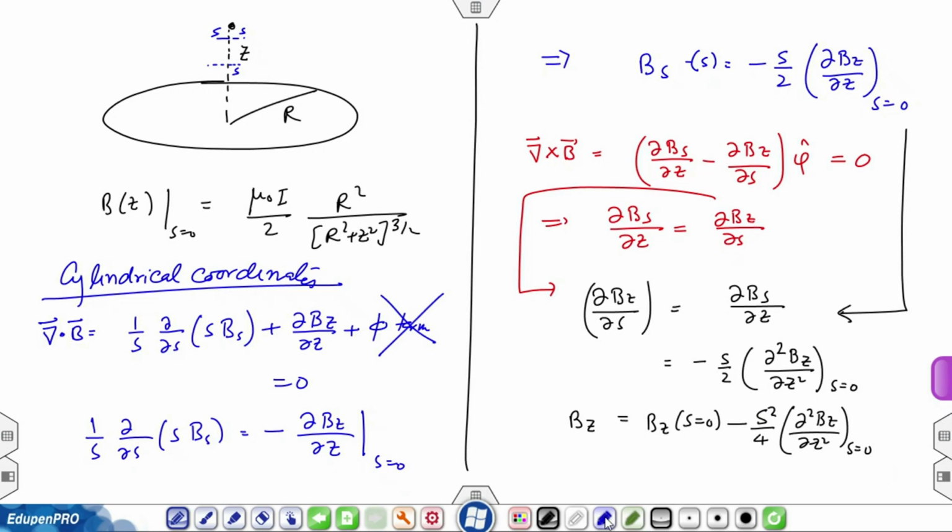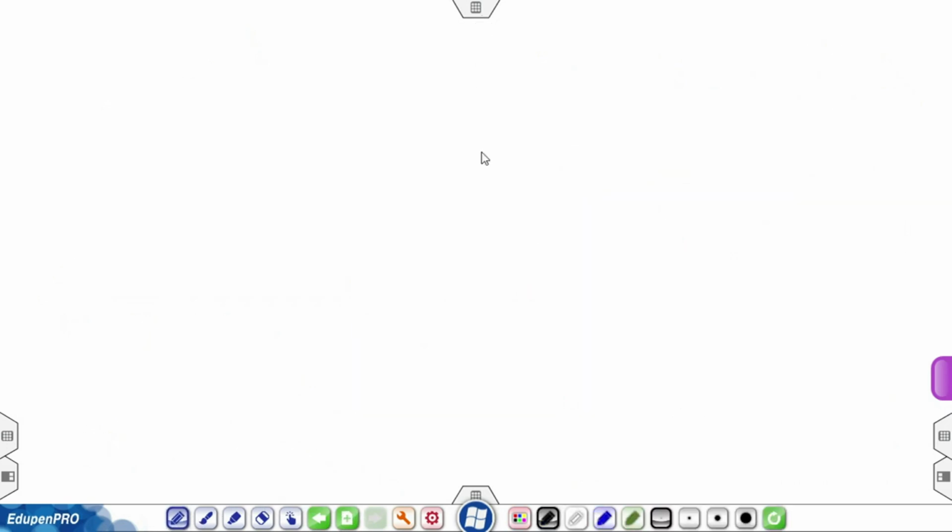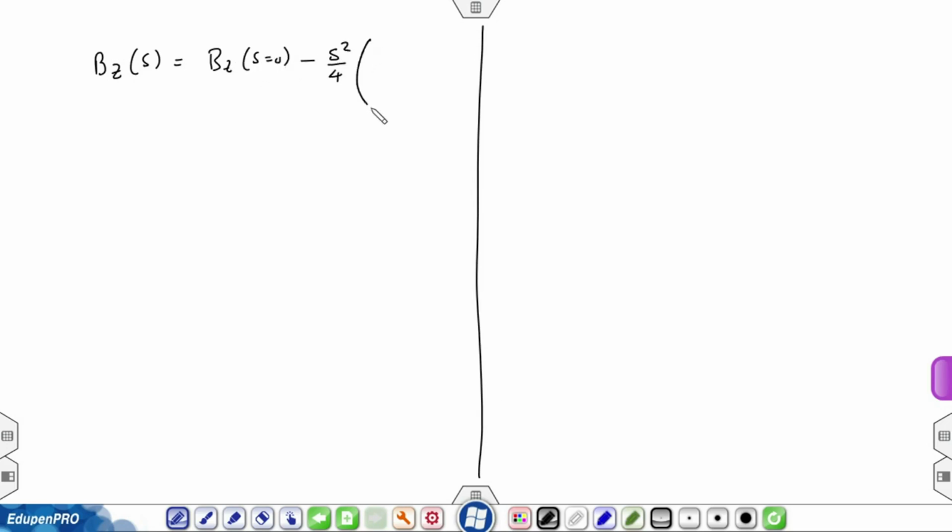So, that is one correction that we have gotten to Bz away from the axis. Now, I can use this to find Bs. So, we found that Bz at s is equal to Bz at s equals 0 minus s square by 4 d2Bz over dz square at s equals 0.